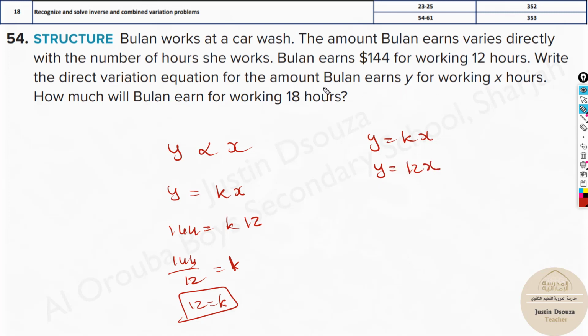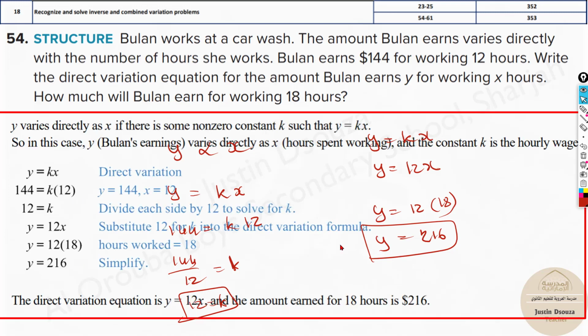Now we will just substitute 18 hours and solve it. 12, the K value, multiplied by 18 hours of work. So 18 times 12, 180 plus 36, it will be 216 over here.